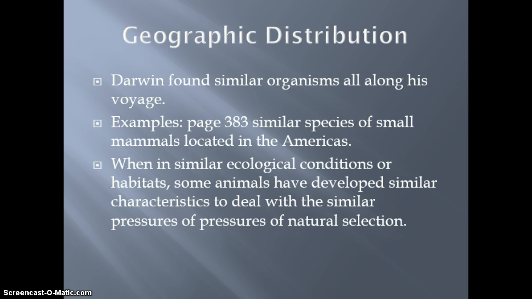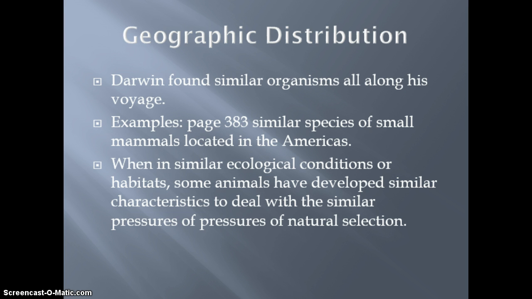Remember, he said these certain animals looked slightly different, but they had very similar characteristics. If you look in your book on page 383, they look at the beaver, the muskrat, the capybara, and how the species look similar.